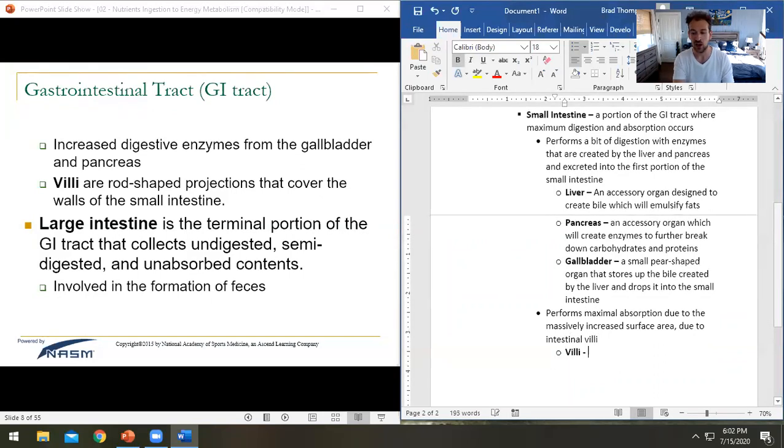Villi are rod-shaped projections that cover the walls of the small intestine that act as the actual site of absorption by allowing chemicals to pass into the bloodstream. Okay, so if we look at our villi, right?